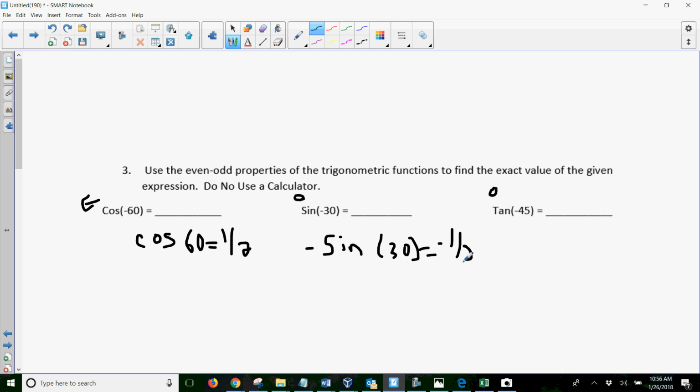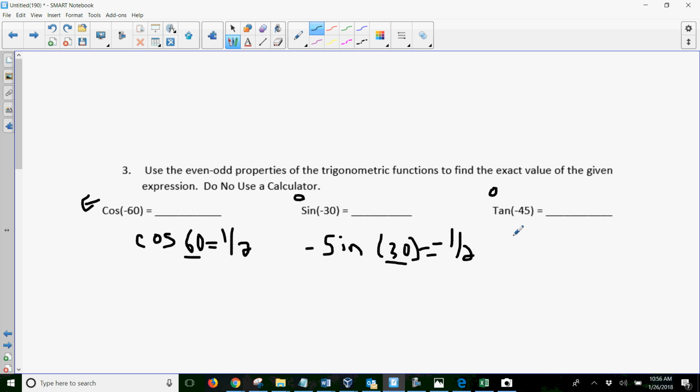Because sine of 30 is 1/2, and this is negative sine of 30. Keep in mind, too, by the complementary angle theorem, that 60 and 30 are complementary angles, and cosine and sine are cofunctions, so that the cosine of 60 is equal to the sine of 30. We can see that here. Of course, you have the negative out front, since this is negative 30, so we go ahead and make the appropriate adjustment.